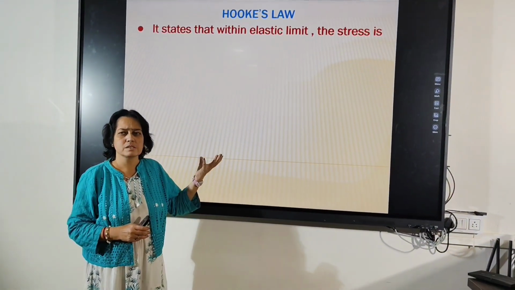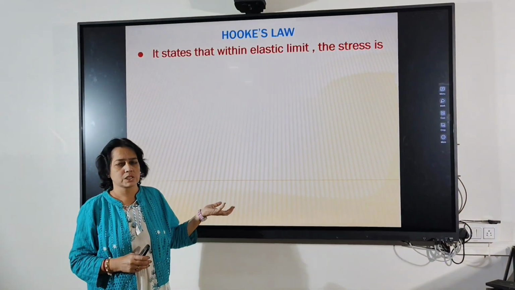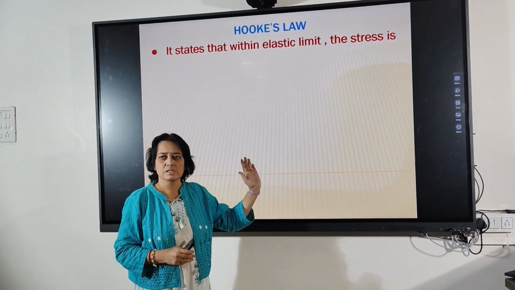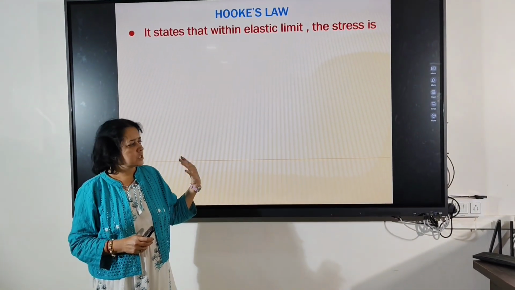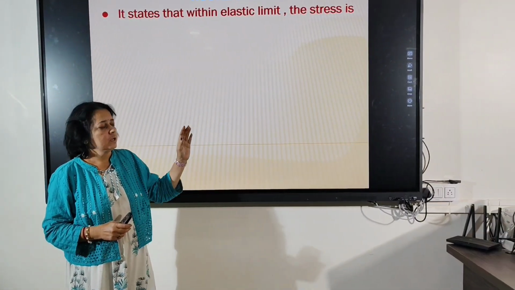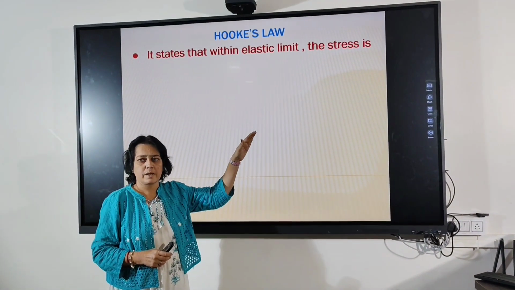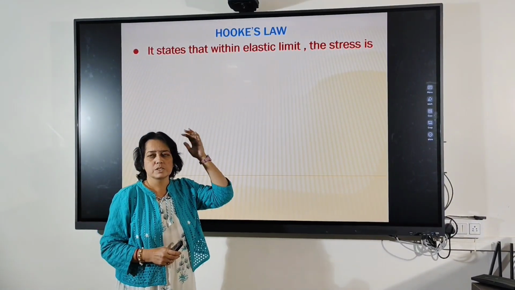That means there is a limit to which we can increase stress, and within that limit, stress is directly proportional to strain. After that, stress and strain are non-linear. Within this limit, the graph of stress and strain is a straight line, and after the limit of elasticity it gets a curved shape.